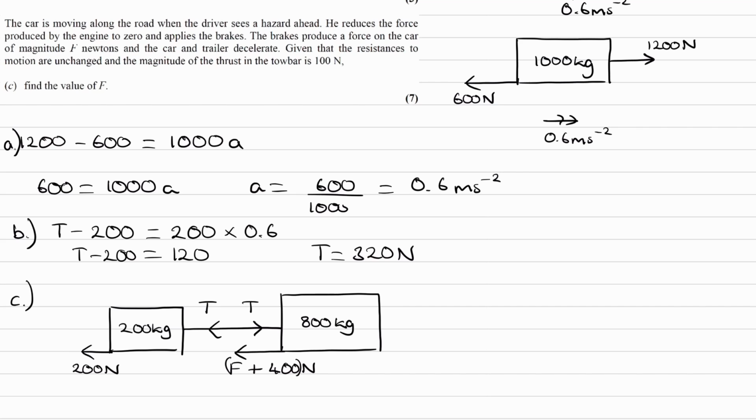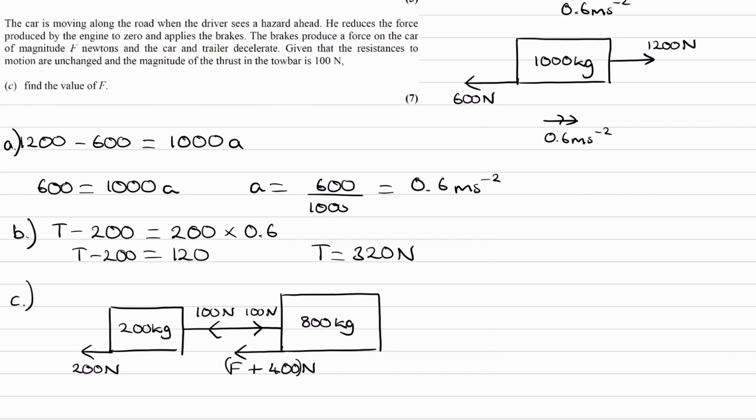So the tow bar pushes against the trailer towards the left to stop it from crashing into the back of the car. The trailer is effectively being pushed into the back of the car as the car brakes, so this thrust force will be towards the right on the car. So that's our force diagram. We know that the thrust force is 100 newtons, so I'm going to change these two T's to 100.